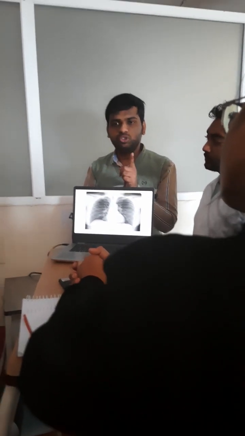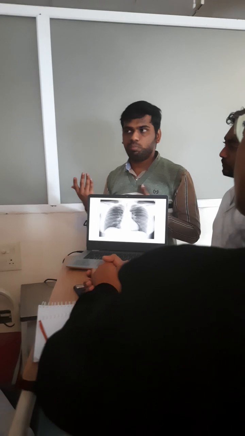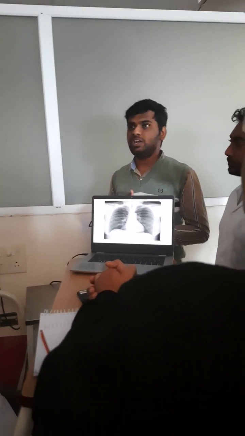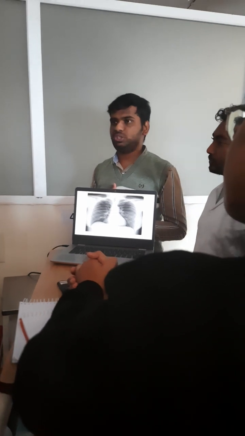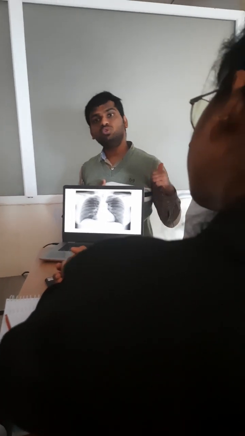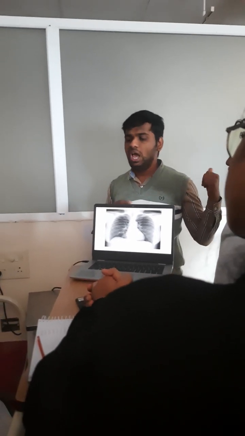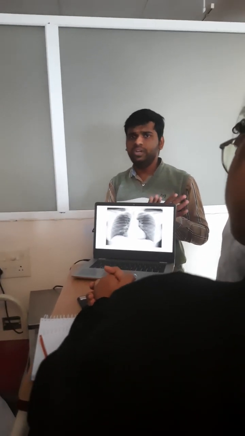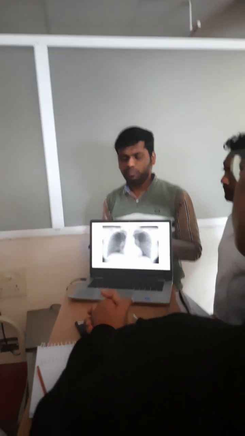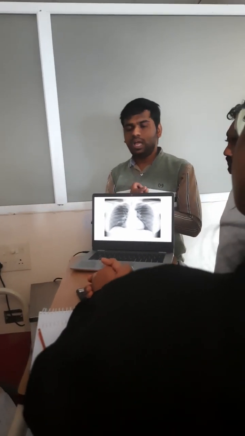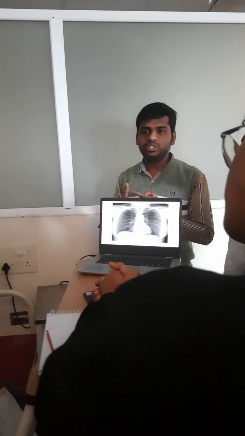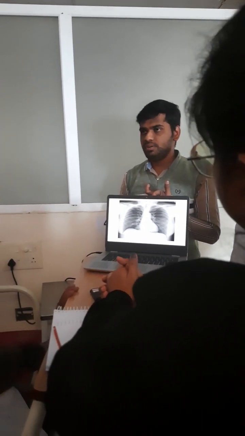In the AP view, when the beam is projected directly to my chest cavity, I can see mainly anterior ribs. In a PA view, you will see only posterior ribs. Everything is written in that, you don't need to write. Anterior ribs are clearly seen in AP view, and posterior ribs are clearly seen in PA view.